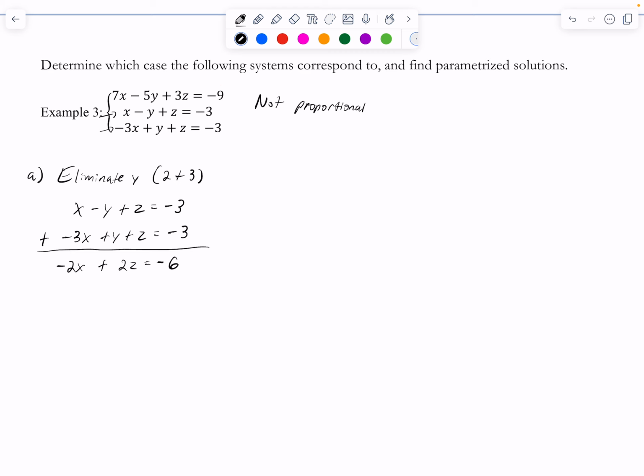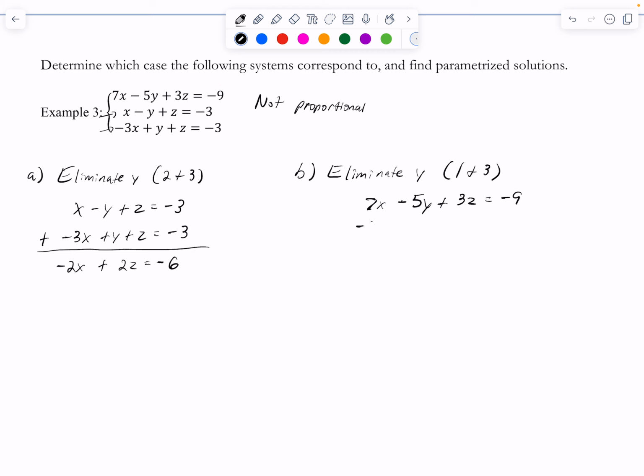We're going to do the same type of thing like we did before, where we eliminate y with two other equations. This time I'm going to choose the first and the third one. So I'm going to write 7x minus 5y plus 3z equals -9.